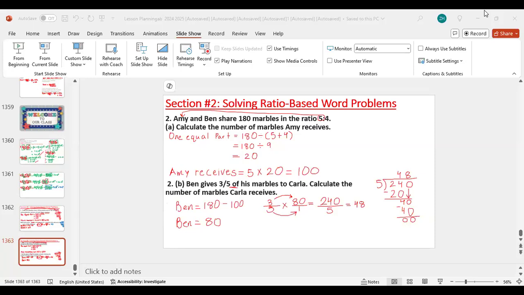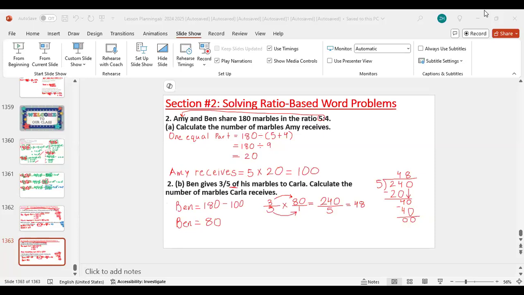It says Mason and Isabella share 320 sandwiches. Add the 3 and the 5. Divide 320 by 8. That'll be 1 equal part, and then take 1 equal part and multiply it by 3.